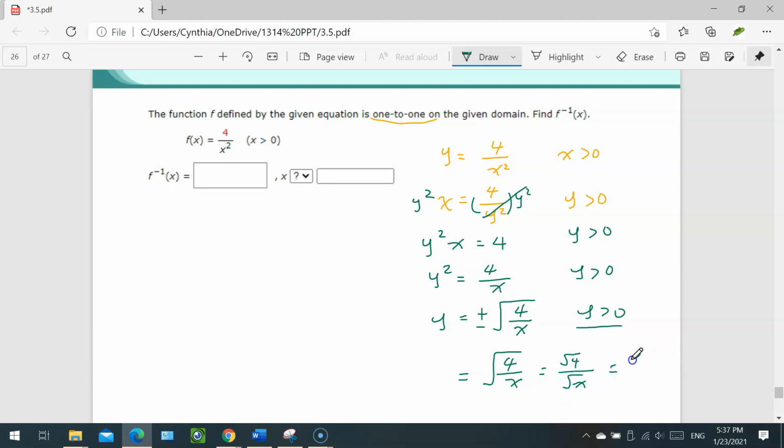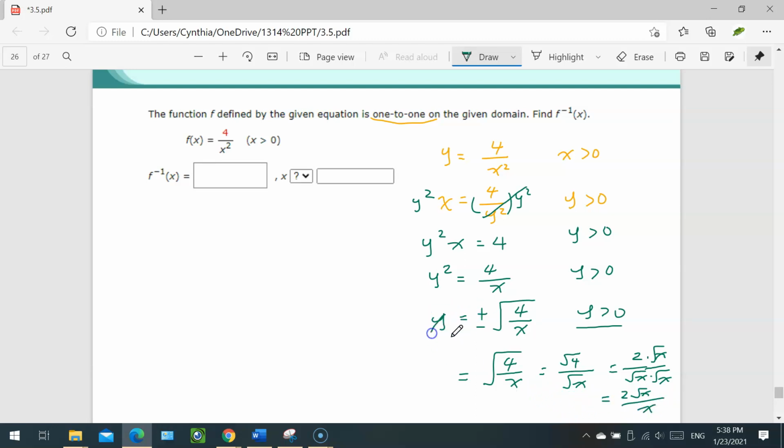So root 4 is 2 over root x. And generally, we don't like a square root, especially a square root of a variable, on the bottom. So we rationalize by multiplying by root x. So the inverse of this function would be 2 root x over x.